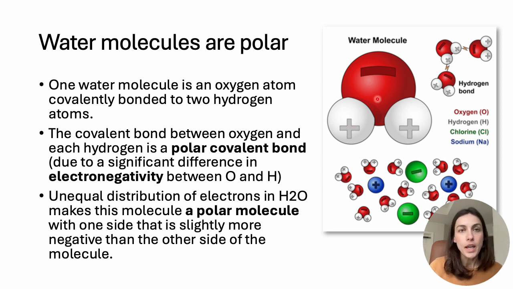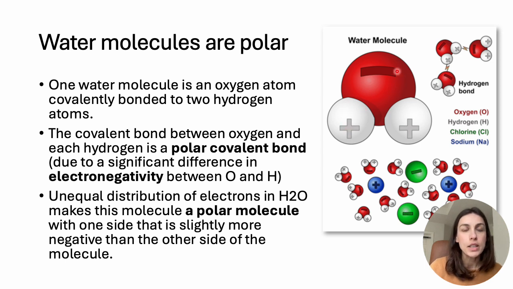So when they have established a relationship where they are sharing two electrons between each other, those two electrons are closer to the oxygen's area than they are to the hydrogen.